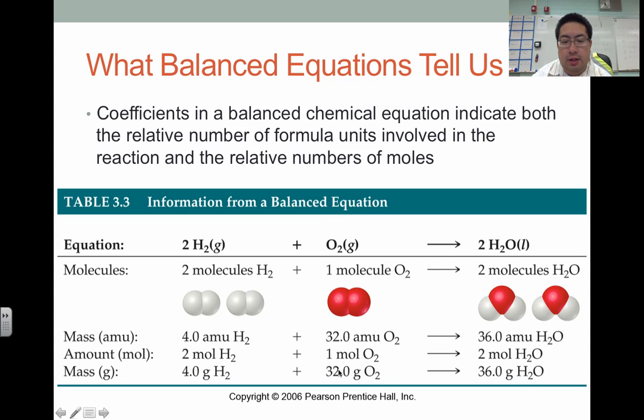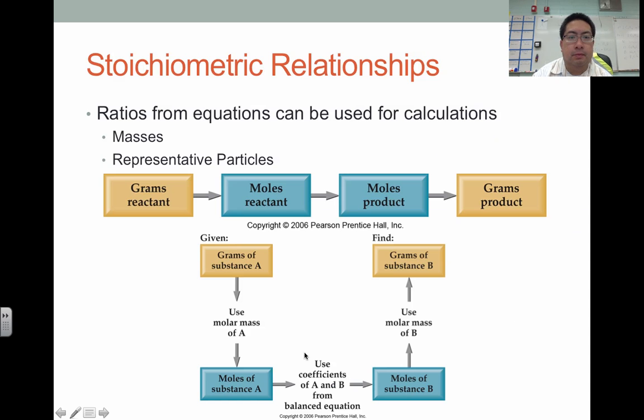But again, notice how the masses and the AMUs correspond to the coefficient times the molar mass of our individual substances here. In terms of being able to use these ratios in conjunction with masses of substances, we can do stoichiometry.